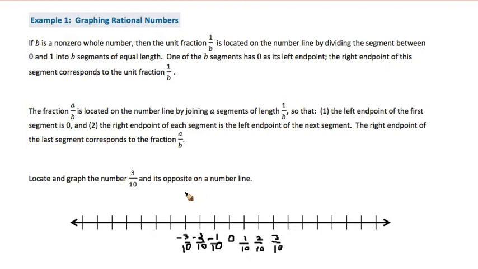So finally, what I'll do is go down to my number line and first of all locate 3/10. It tends to be a little easier to locate your positive number first. And on the number line, I'll put a dot. This is what we call graphing, or putting a point on the line. And then to graph the opposite of 3/10, we would go 3/10 to the left of 0, which is -3/10, and we're finished.